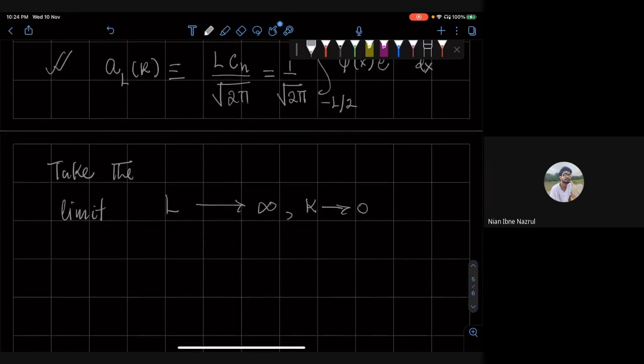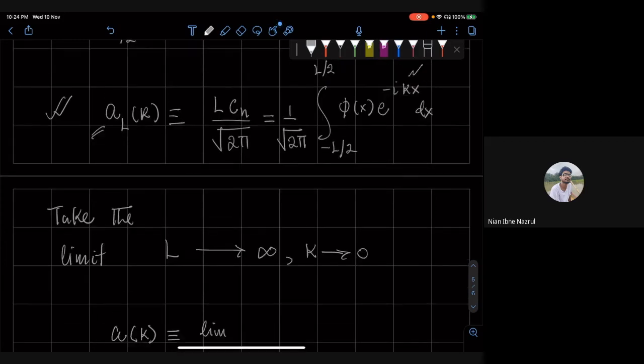In that limit, we call A of L just A of k. The limit is delta k goes to 0, not k goes to 0.